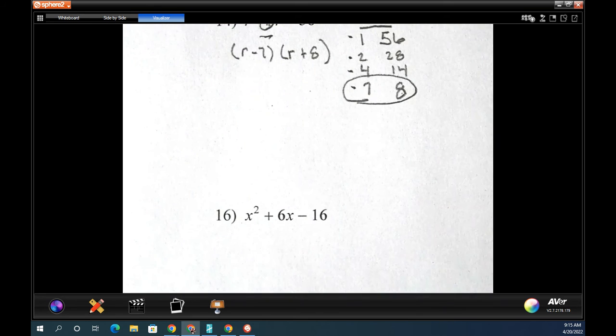Try number 16. We've already written the factors of 16 up on number 12. So y'all already have the factors for that.